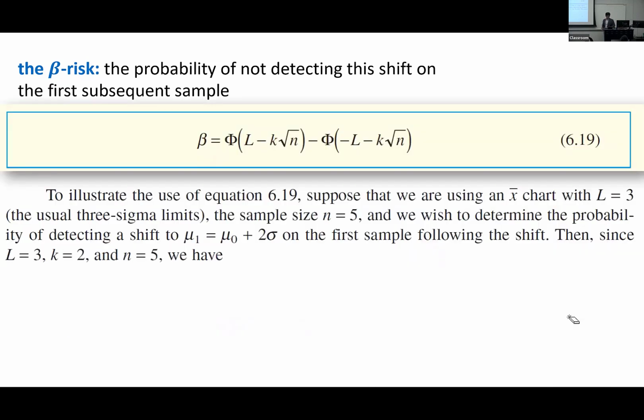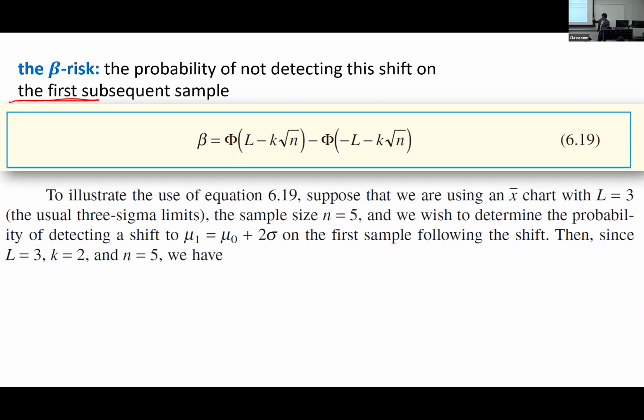So again, beta risk. This is something we want to define now based on beta. Beta risk is the probability of not detecting this shift on the first subsequent sample. Beta was just the probability of one point falling within limits when the mean has changed. The difference between beta and beta risk is this word, the first.